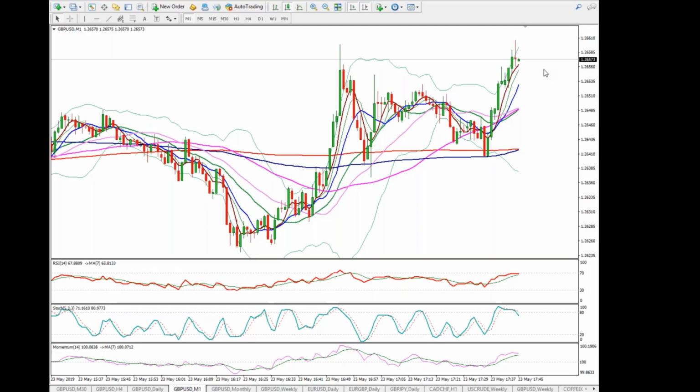So if you have 126, let's make it easier, 126.50 and 126.51. The first price is bid, which means your broker will buy the currency from you and you are going to sell. The next price, which is slightly higher, is called ask. And this is the price where you buy and your broker sells.